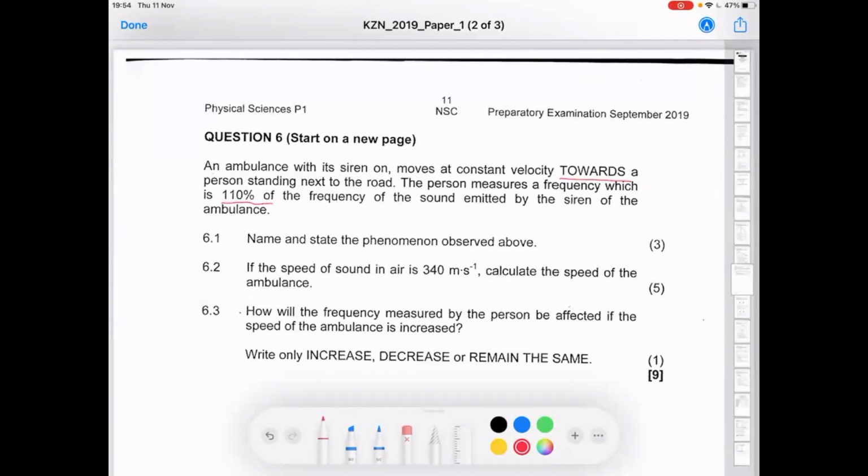It's the change in frequency detected when there's a difference in the velocities between the source and the listener. If the speed of sound in air is 340 meters per second, calculate the speed of the ambulance. So they want us to calculate the speed of the source.